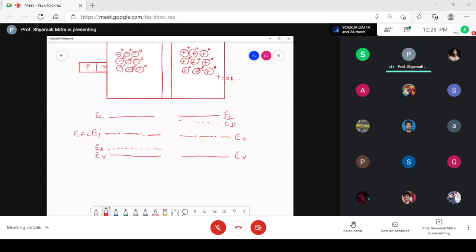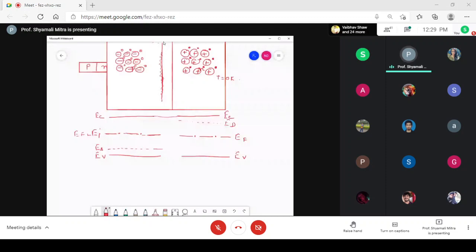Now, if we join these two, let us suppose there is only one line, which means P and N are joined, what is expected at T equal to 0 K? Nothing much of a difference is expected, only that the P and N, which were distinct, now come in contact and must act as a system.